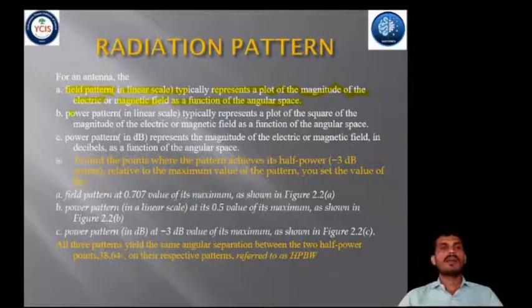The second one is the power pattern in linear scale. It typically represents a plot of the square of the magnitude of the electric or magnetic field as a function of angular space. What is the difference between power pattern and field pattern? See carefully, the power pattern is a plot of the square of the magnitude, while the field pattern is only the magnitude of the electric or magnetic field.